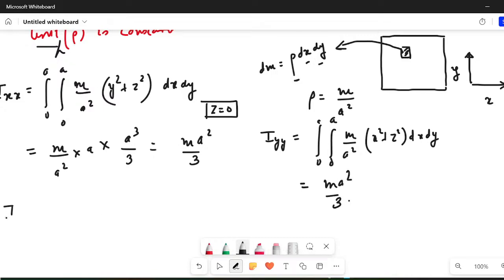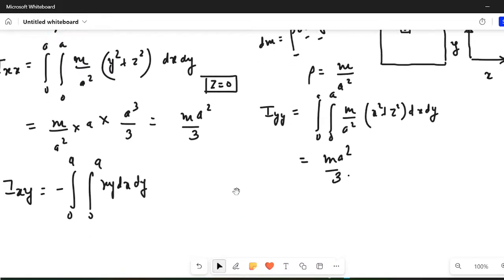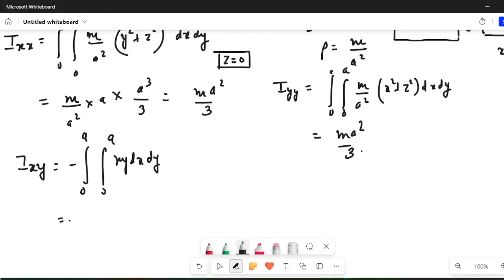What would be Ixy? It will be minus the integration 0 to a, 0 to a, and I told you it would be xy, and then dx and dy, and there would be m upon a square as well.